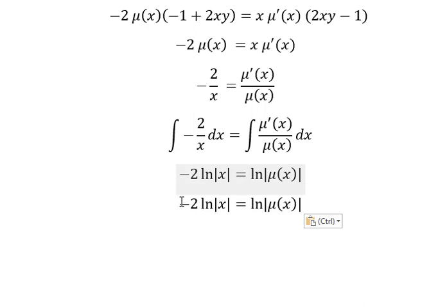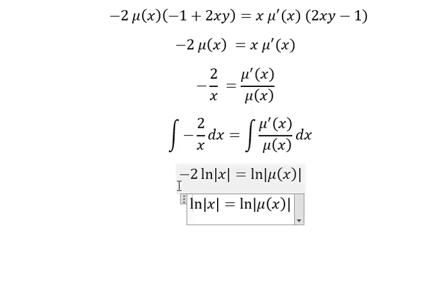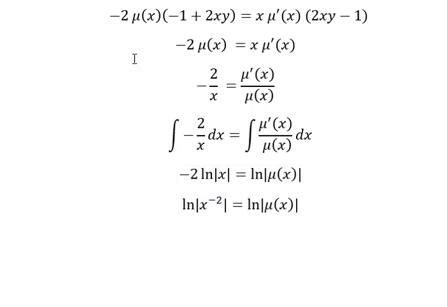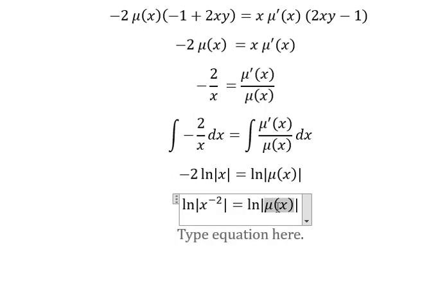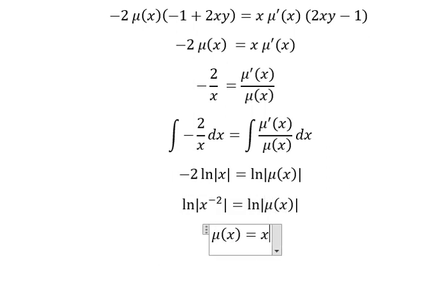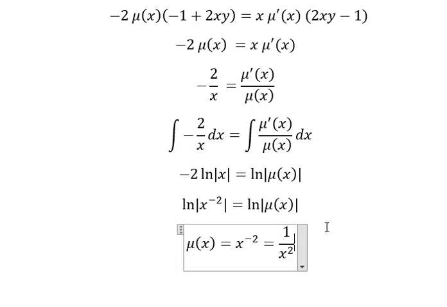So, we put negative number 2 go inside the natural log in here. And now, we have the final answer. And this one, that is about 1 over s squared.